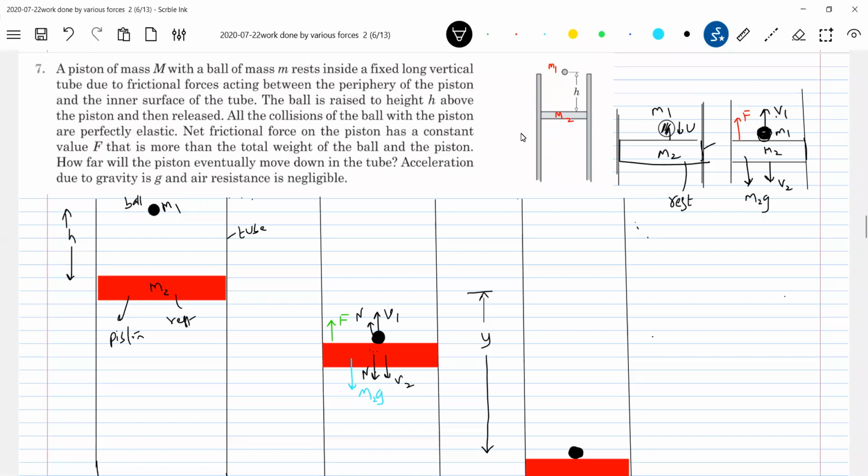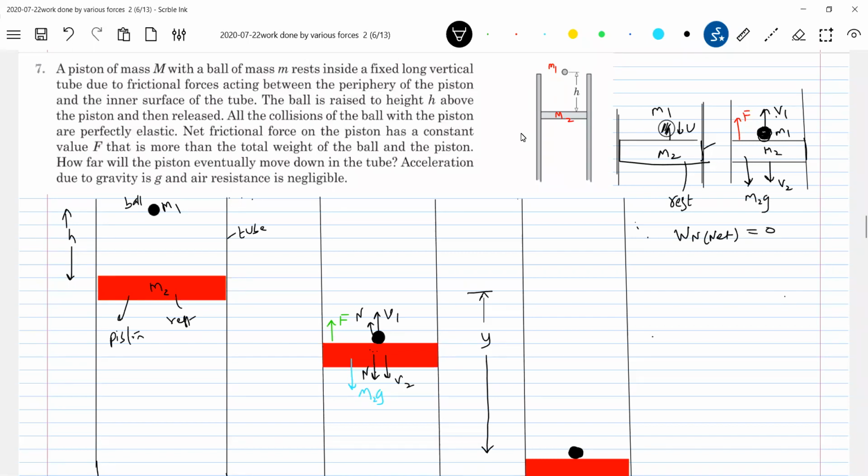What is the net work done by the normal contact? It should be zero, no? Then the work done by gravity on the ball and the piston, and the work done by the resistive forces of the wall.